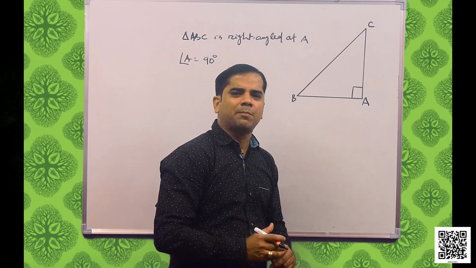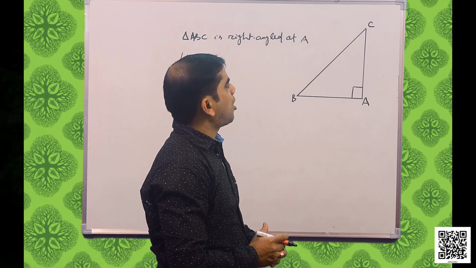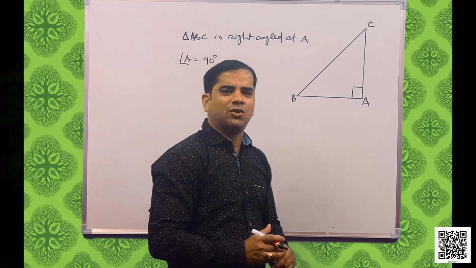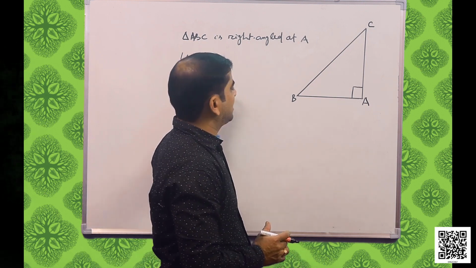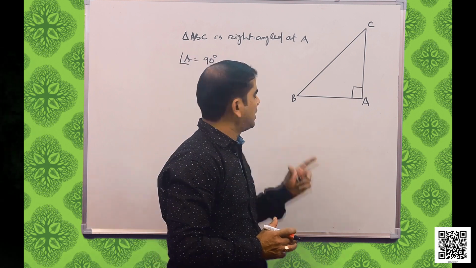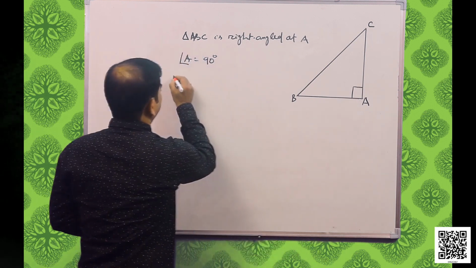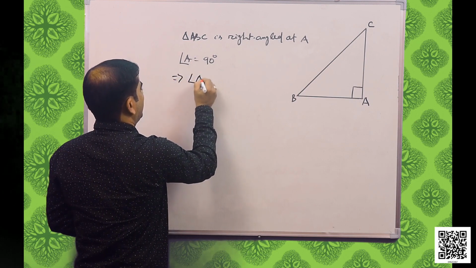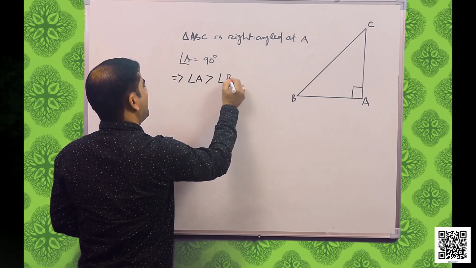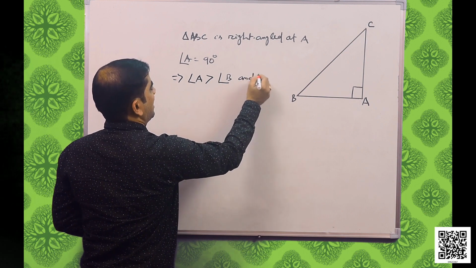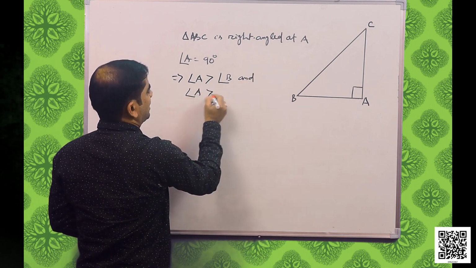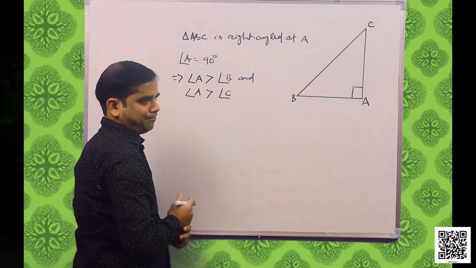Because the angle sum property says that the sum of the angles of a triangle is equal to 180 degrees. So, as angle A is 90 degrees, the sum of angle B and C is 90 degrees. That's why angle A is greater than angle B and angle A is also greater than angle C.